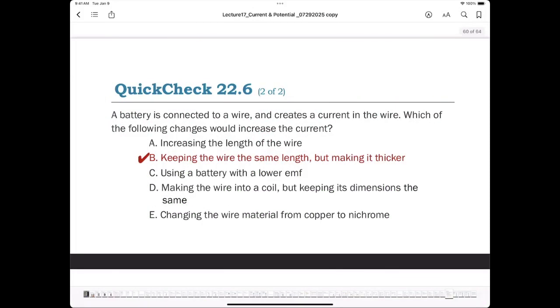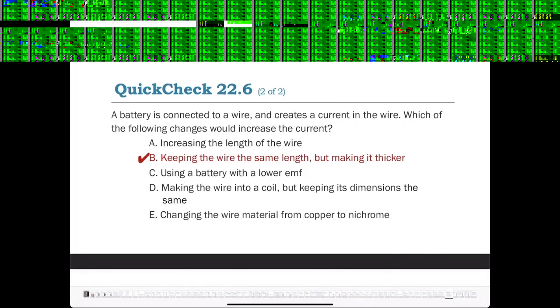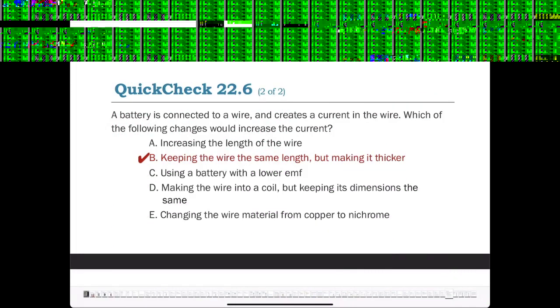We will talk about this in the next class. There are equations to represent the current, and the current is related to the wire's cross-sectional area and some other features. We will talk about that later.